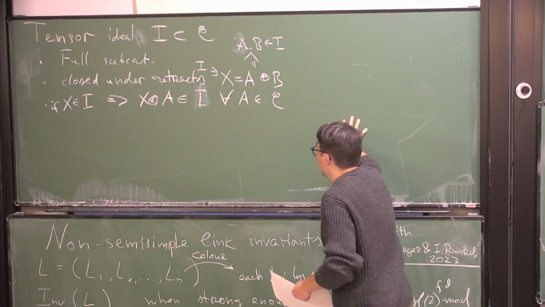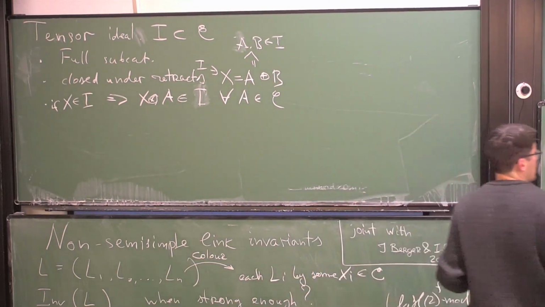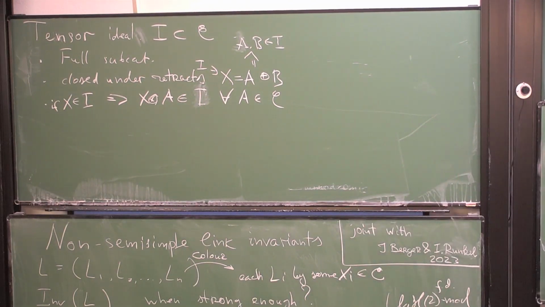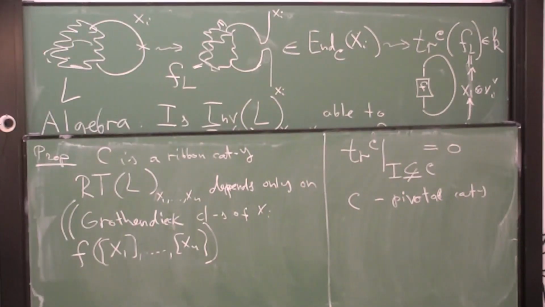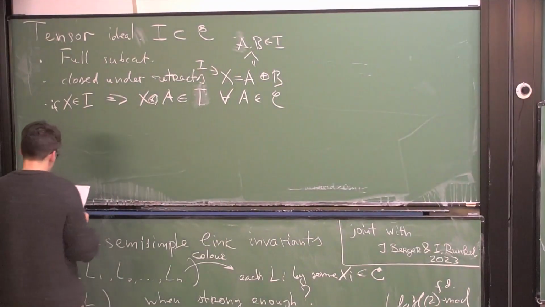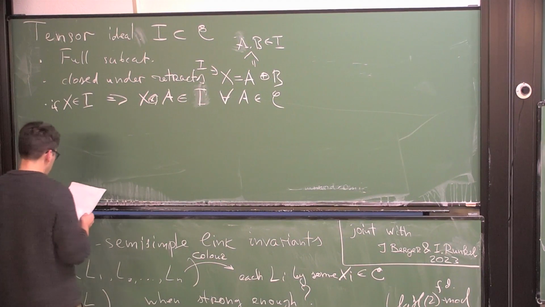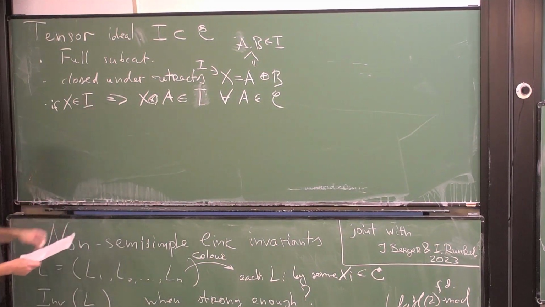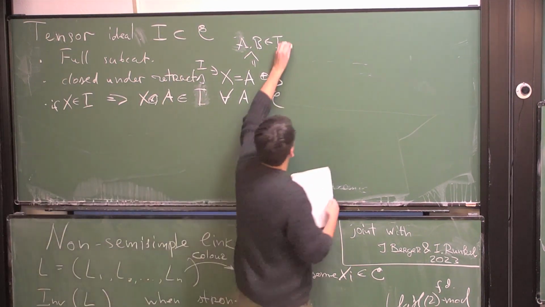When I'm not talking about the braided case, like pivotal categories, I always mean right tensor ideal. Maybe I give you also some examples; similarly we can define left ideals and two-sided tensor ideals.